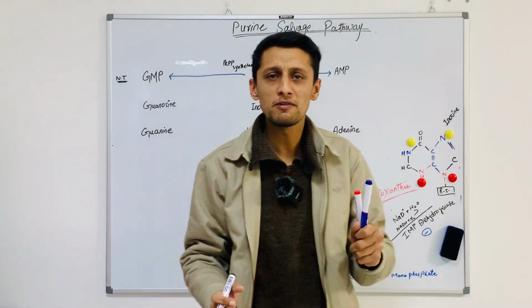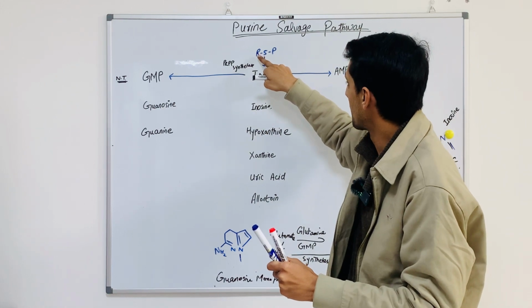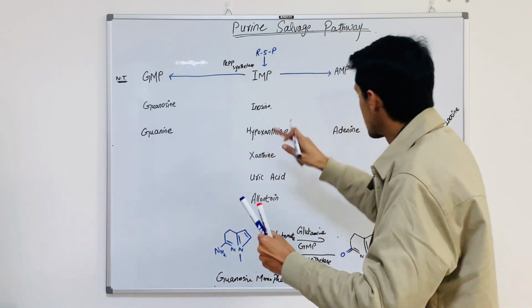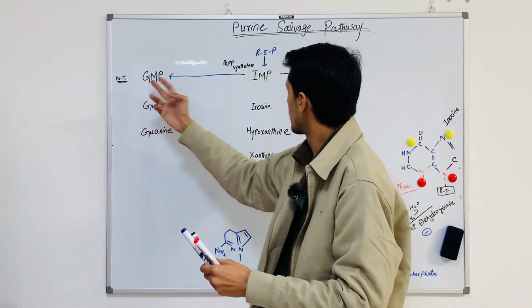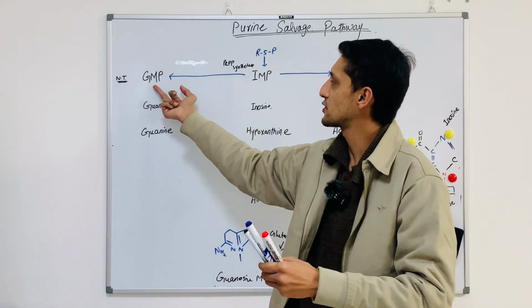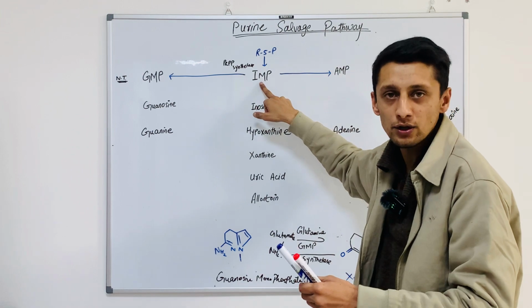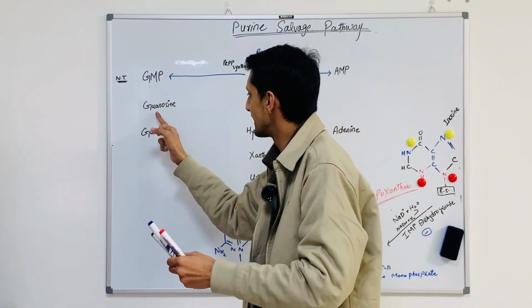So you remember from the previous lecture that PRPP synthetase acting on ribose 5-phosphate, going through certain levels, gives us inosine monophosphate. So these are the nucleotides that derive from inosine monophosphate, guanosine monophosphate and adenosine monophosphate.